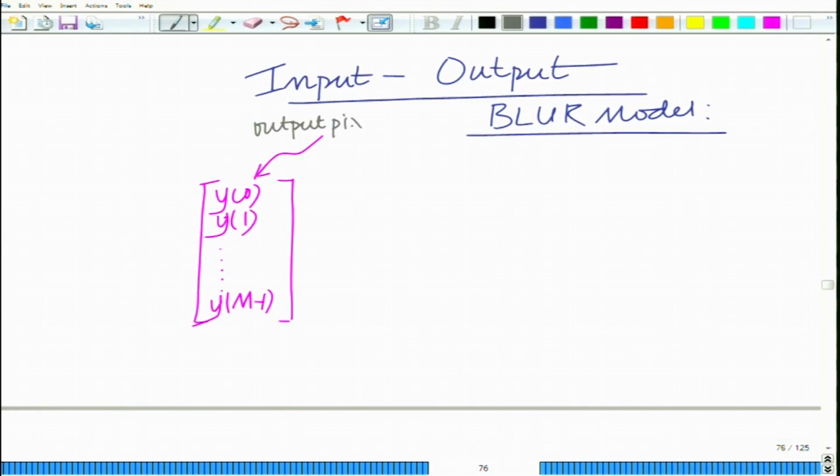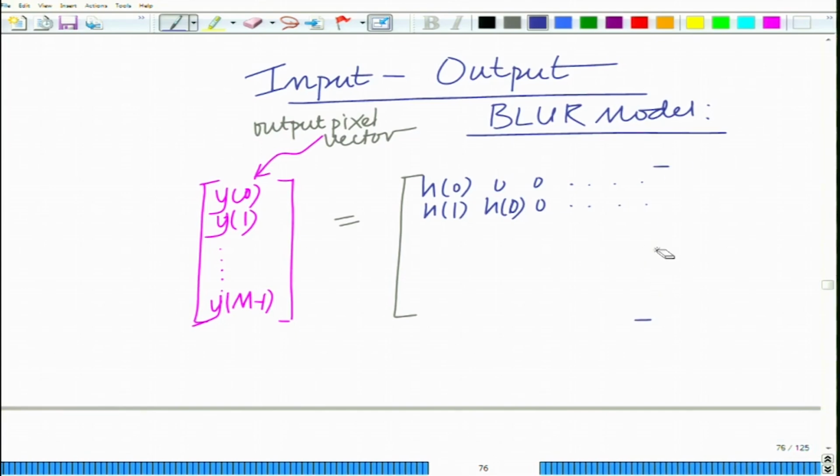We are considering a single column of an image. So, this is your output pixel vector. This is equal to, well, h of 0, h of 1 times h of 0, and so on and so forth, and this matrix has an interesting structure.